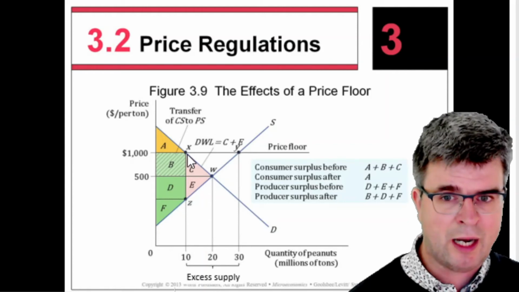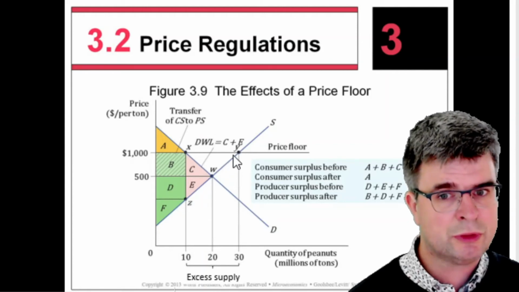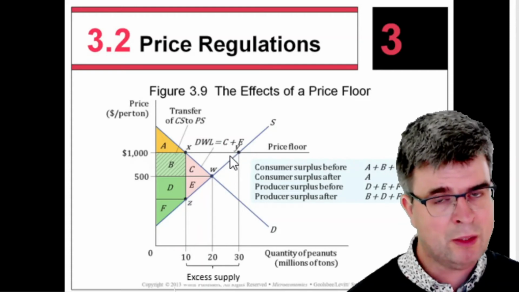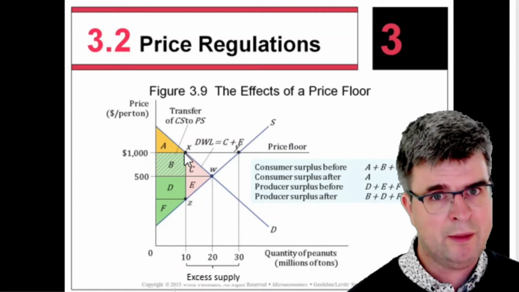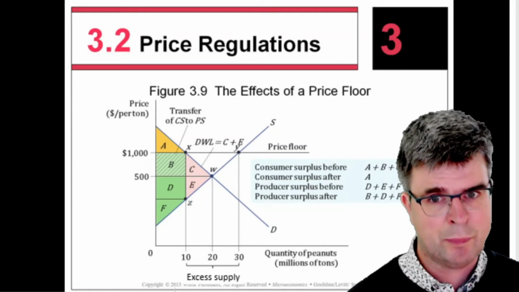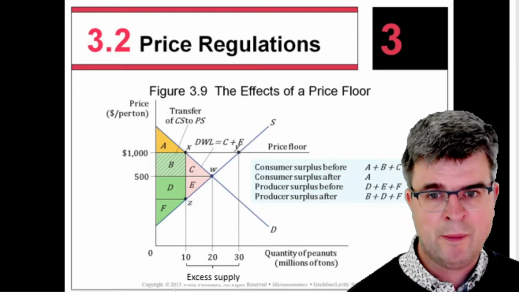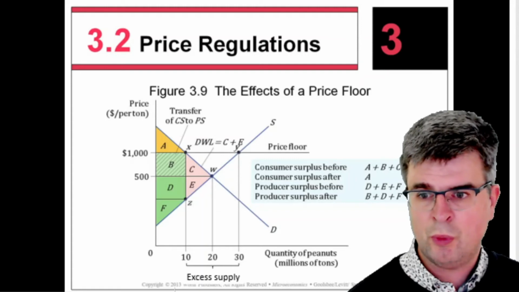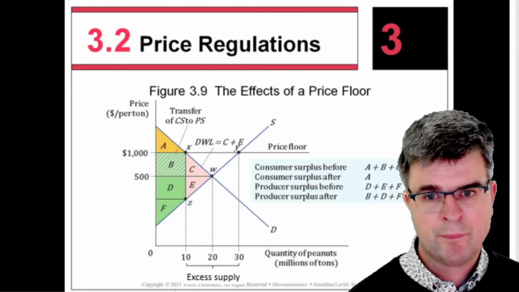But at this higher price, there will be many producers who are willing to supply peanuts to the market, but they will not find any demand for these peanuts because the consumers are not willing to pay $1,000 for peanuts. So again, we have a deadweight loss.